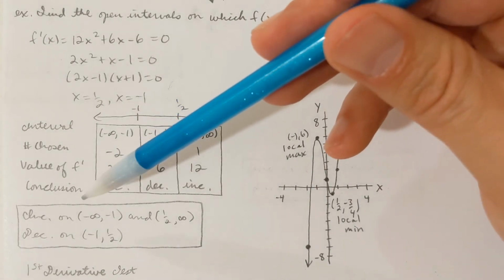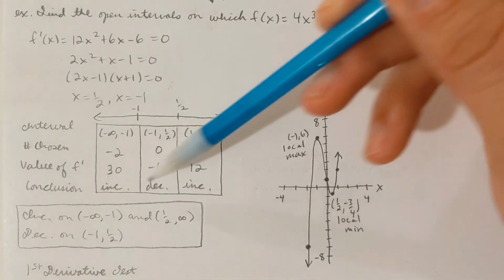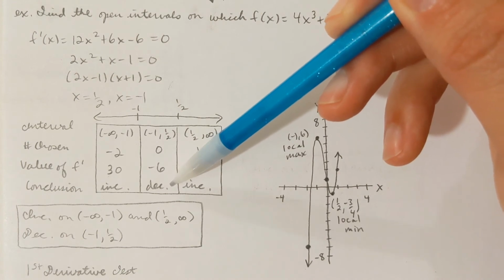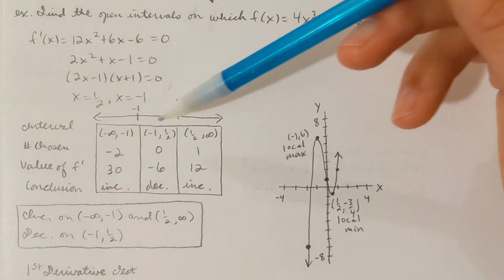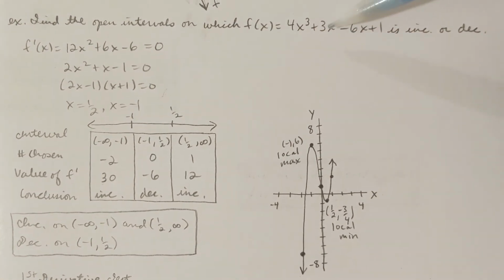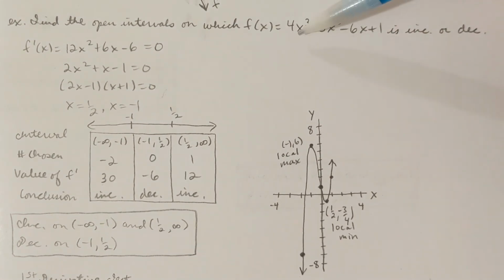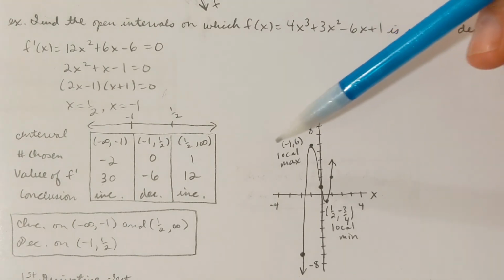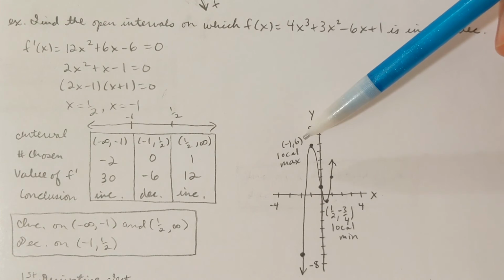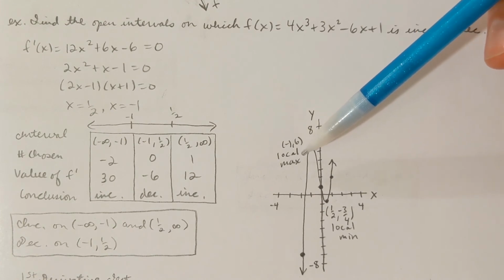Now, the fact that I'm increasing and then decreasing means that I'll be producing a local max at the point when x is negative 1. When x is negative 1 and you plug that into the function here, you should get 6 in return. So this point, negative 1, 6, is a local max on the graph.